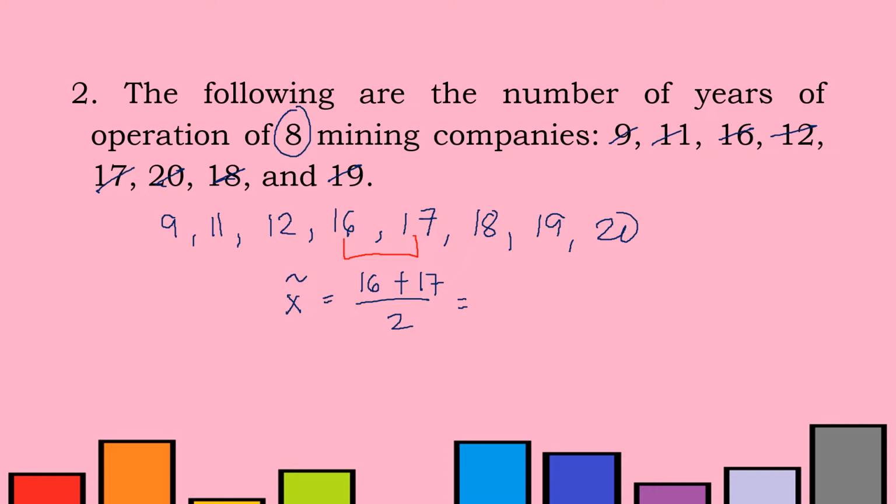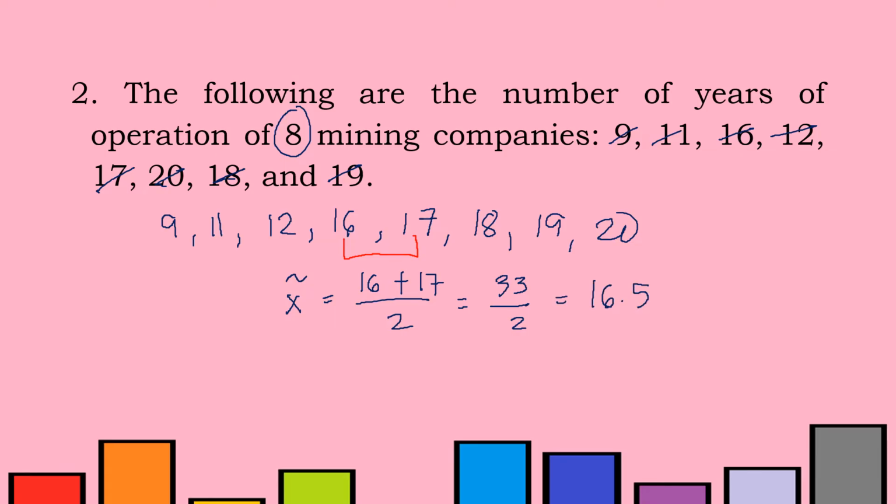So what is the answer? 16 plus 17 is equal to 33. Then divided by 2 is equal to 16.5.